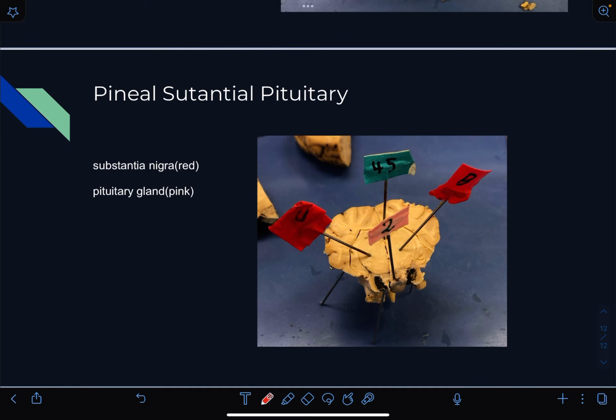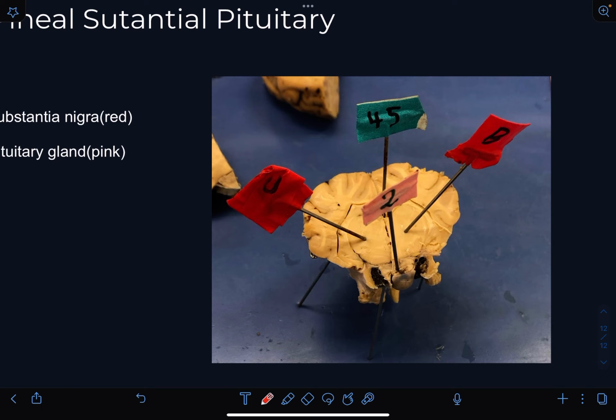And in our final slide here, we have the substantia nigra, and we have the pituitary gland in pink. The pituitary gland can be seen again right here. The substantia nigra is a region of the midbrain that plays an important role in reward, addiction, and movement.